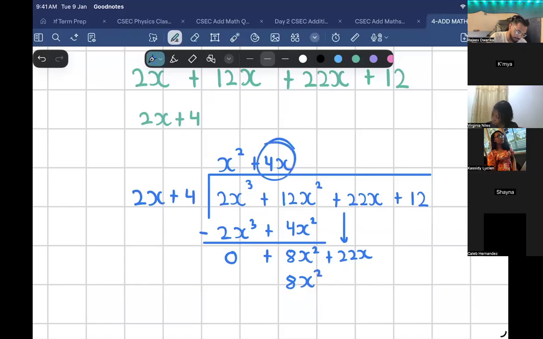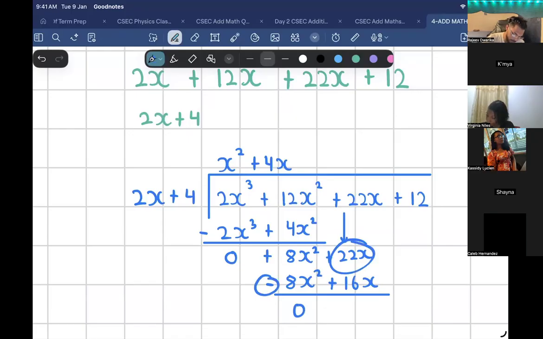And then 4x by 4 is 16x. Then I minus, 8x squared minus 8x squared is 0. What is 22x minus 16x? 6x.